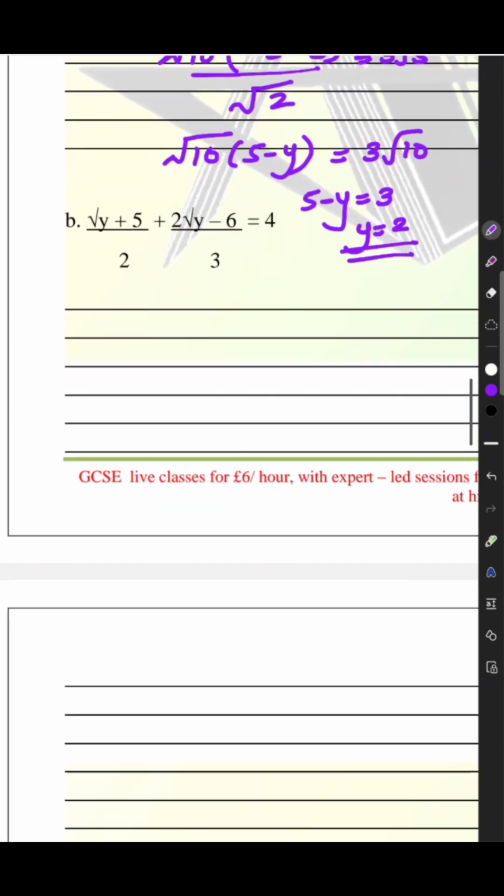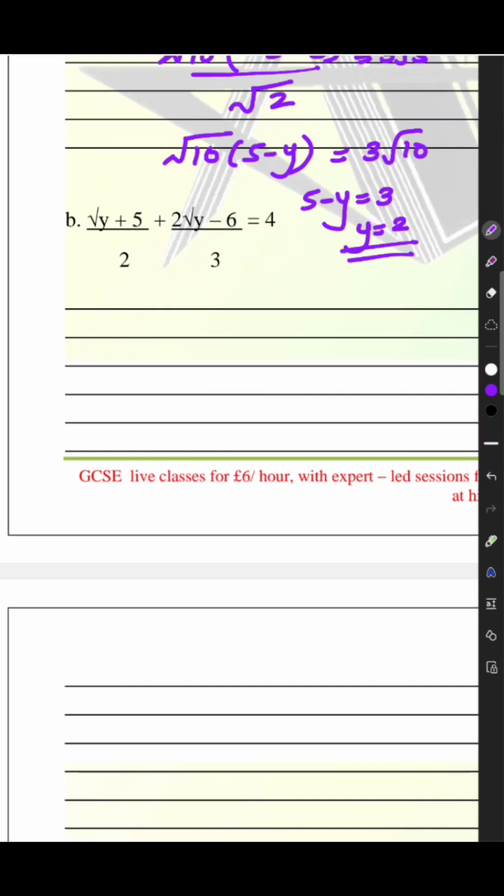So it says root y plus 5 over 2 plus 2 root y minus 6 over 3 is equal to 4. Okay, so this is an algebraic fraction. When we have two different fractions, not only algebraically but even arithmetically with numbers, we always find the LCM. That means we try to make the denominator the same.